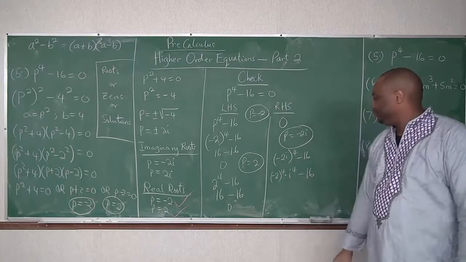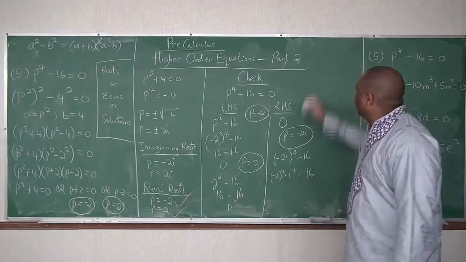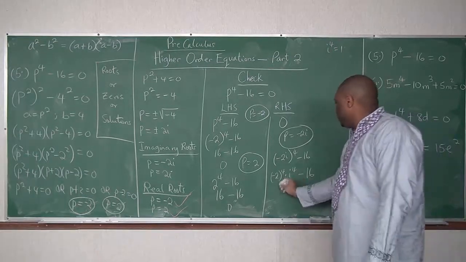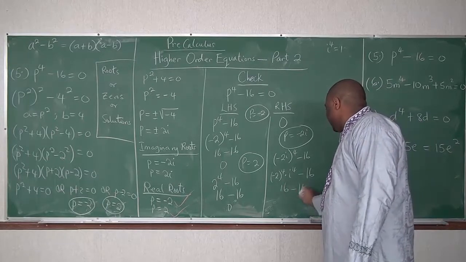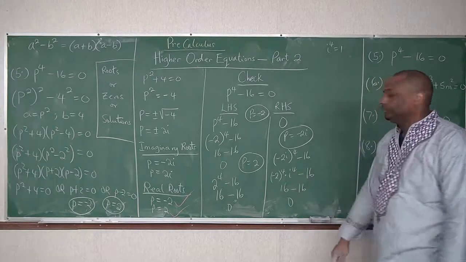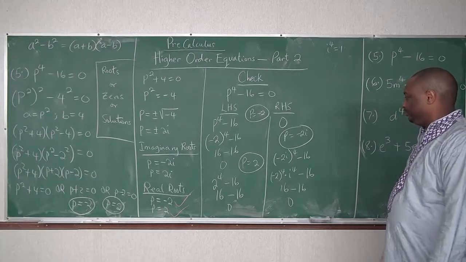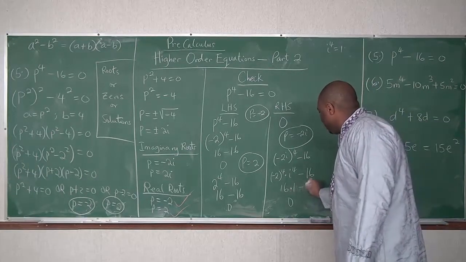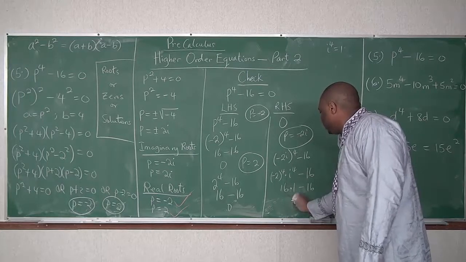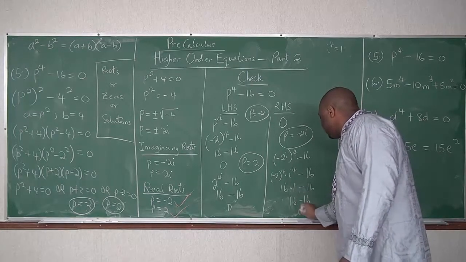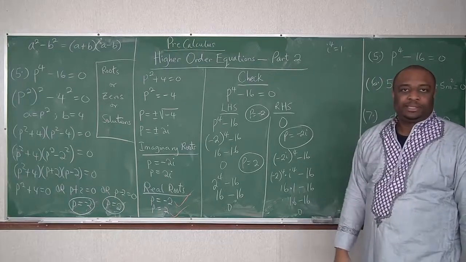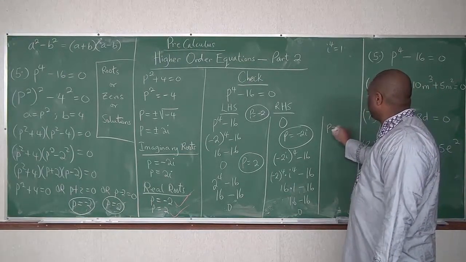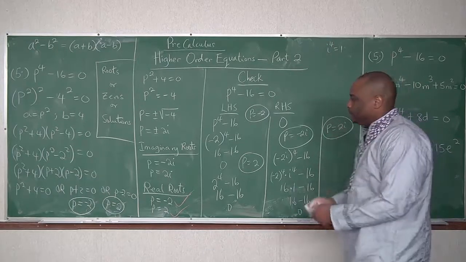I raised to power 4 is 1, so this is 16 times 1 minus 16, which is 16 minus 16, which is 0. Then you also check for p equal to 2i. So this one works.